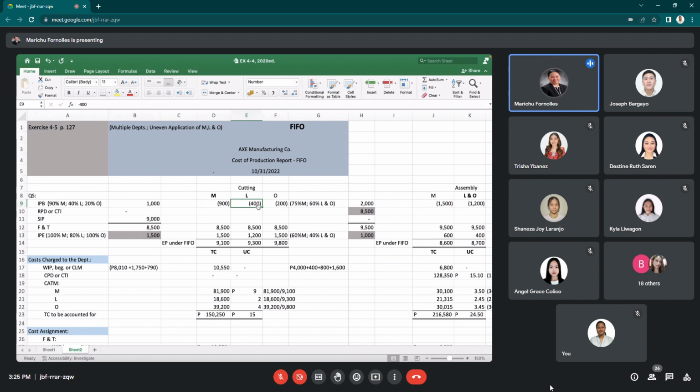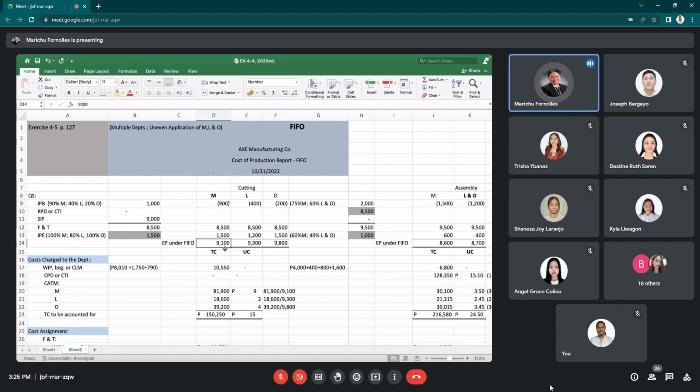So deduct 400 for labor. For overhead, multiply 20% by 1,000 units and you will get 200. So deduct 200.